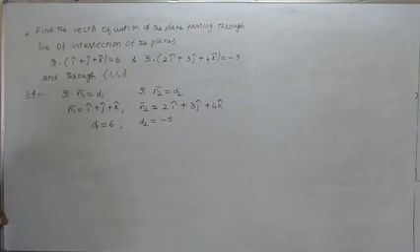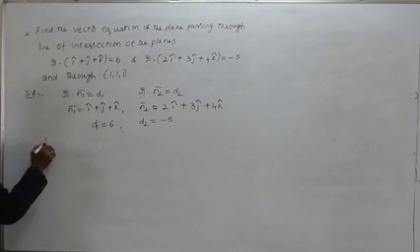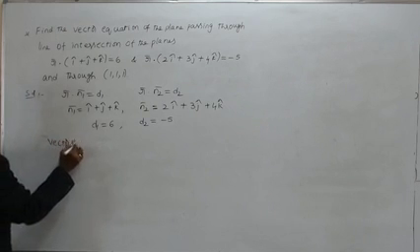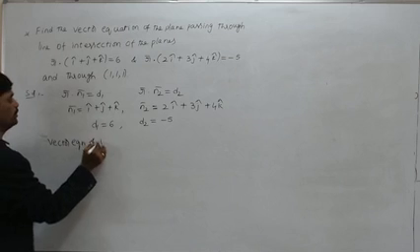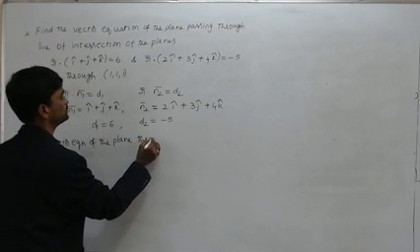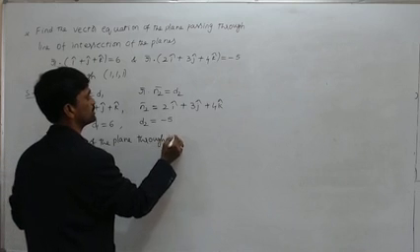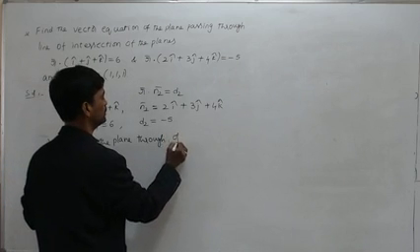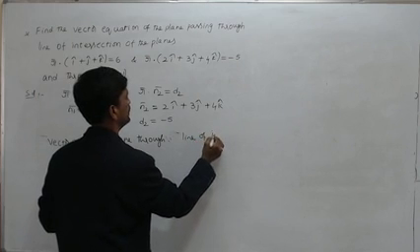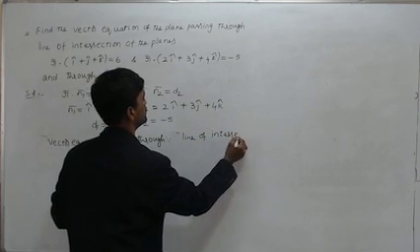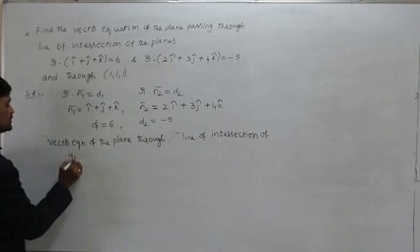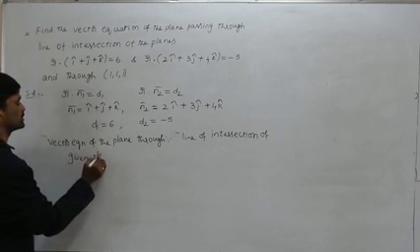Okay, so now I am writing first the vector equation of the plane which is passing through the line of intersection of given planes.